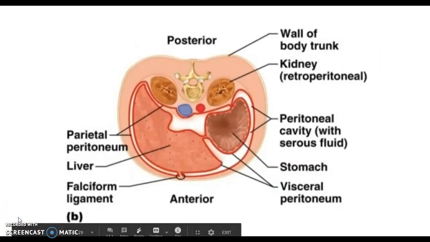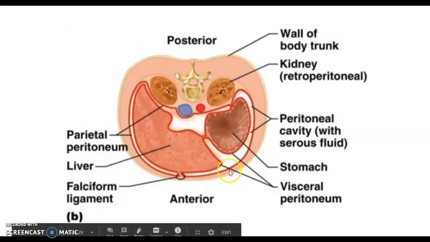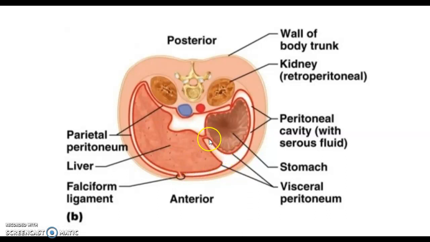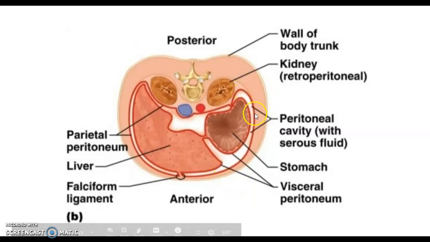So if we look back at this image for just a second, this visceral peritoneum around the liver and the stomach is facing towards the outside. The parietal peritoneum is on the inner wall of the body cavity, and it faces towards the organs.